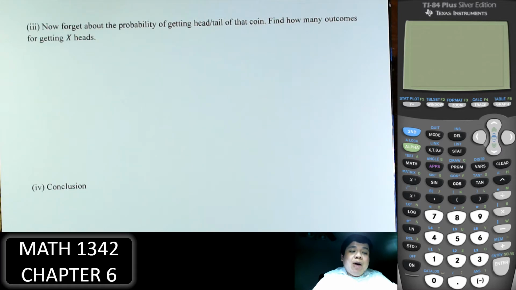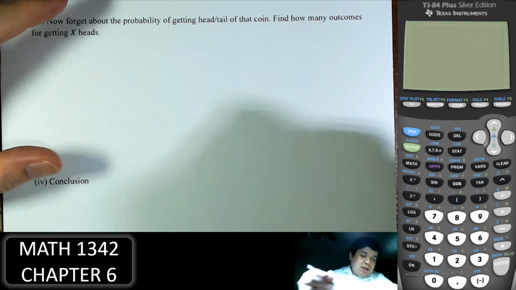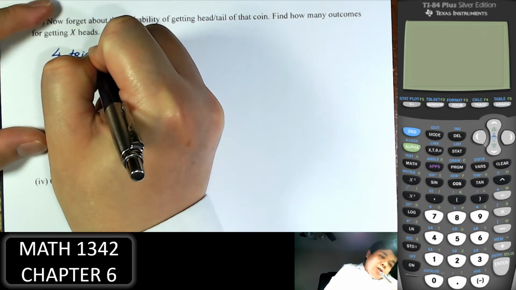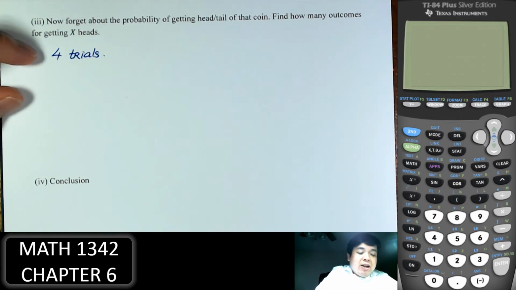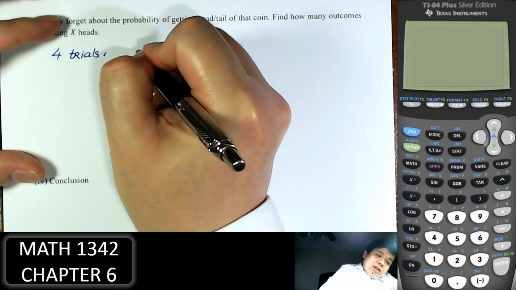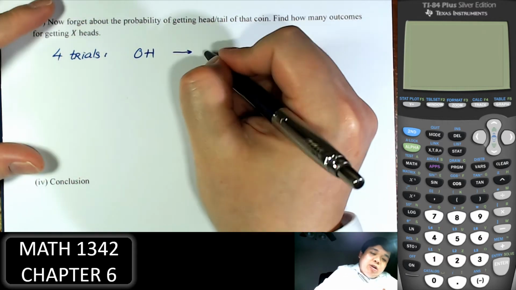Find out how many outcomes there are for getting X heads. So for 4 trials, how many heads can we have? If we have 0 heads, there must be only one outcome.